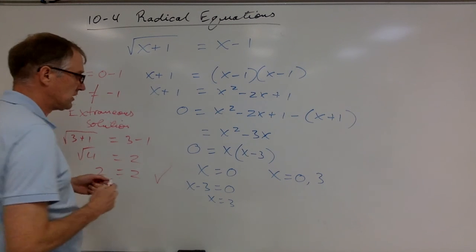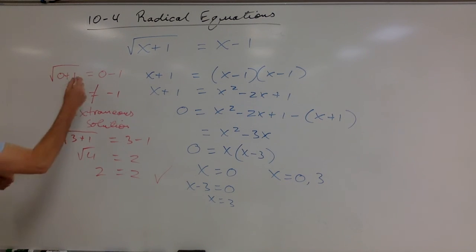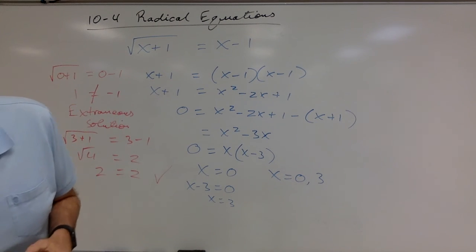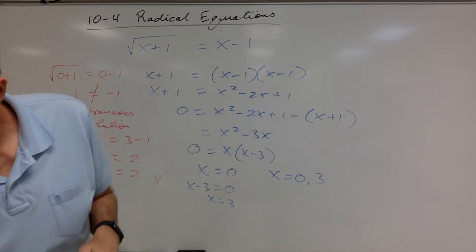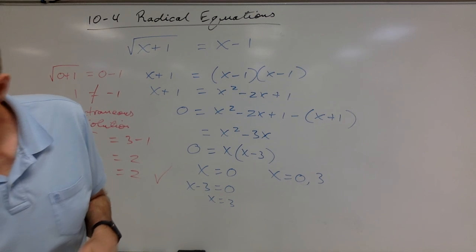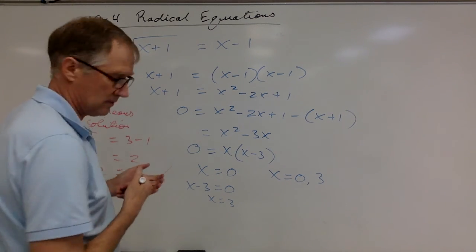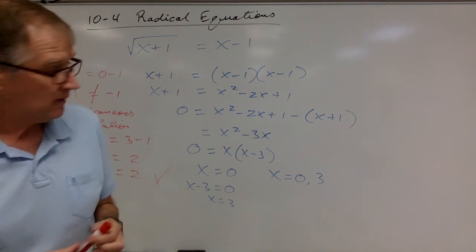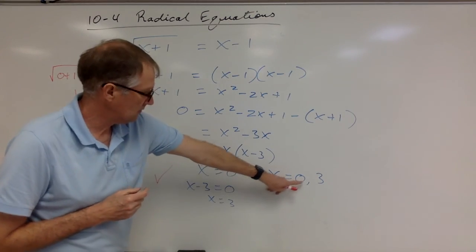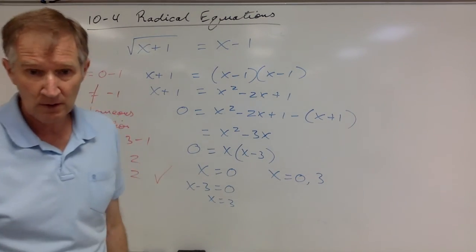Yes, that checks. So your extraneous solution is 0. Turns out it's not valid. The correct solution is x equal to 3. All right, extraneous solution, that's the valid solution.